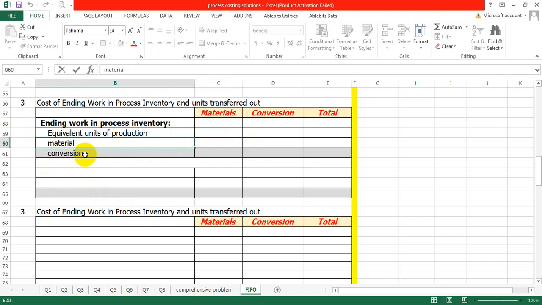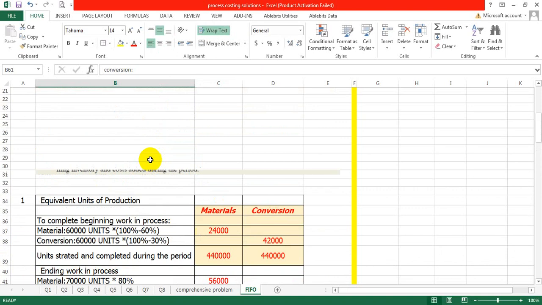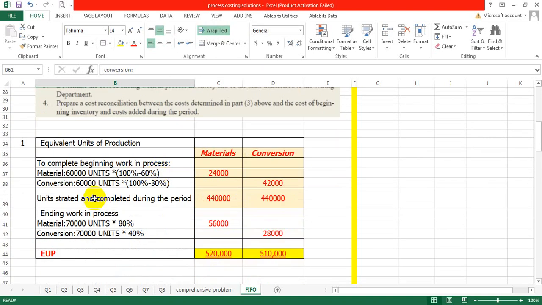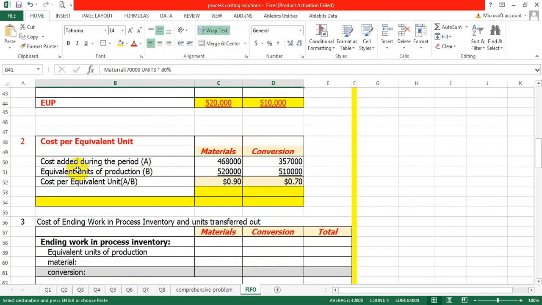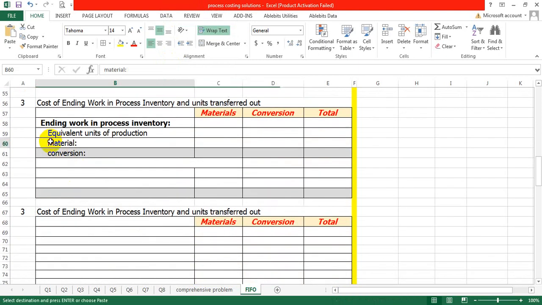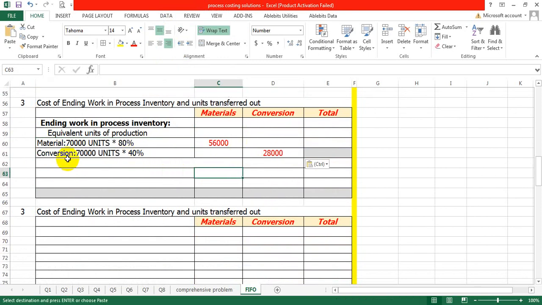In the above, the percentages were, check again, material 70,000 and conversion 40,000. We know that, so we can take directly from here 56,000 and 28,000. So my equivalent units of production are 56,000 and 28,000.